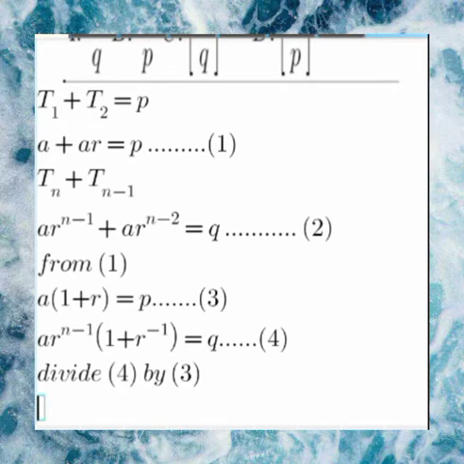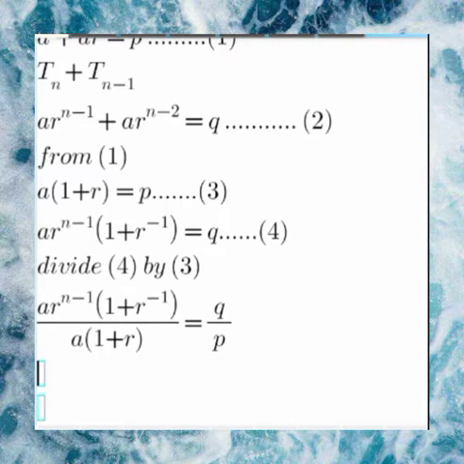Now let's divide equation 4 by 3. So we have a r raised to power n minus 1 into 1 plus r raised to power minus 1, divided by a into 1 plus r, close the bracket, equals q over p.